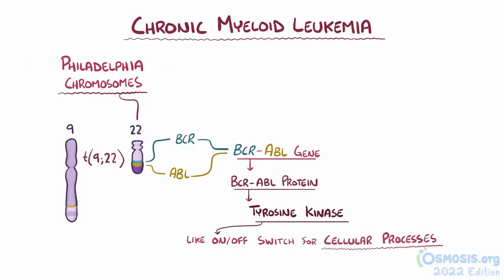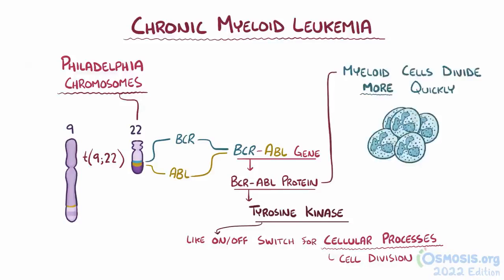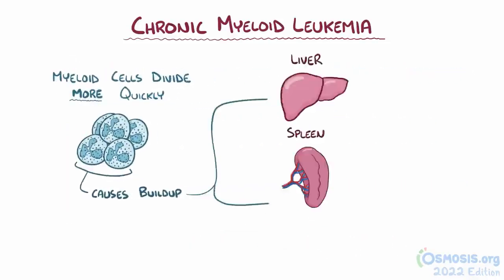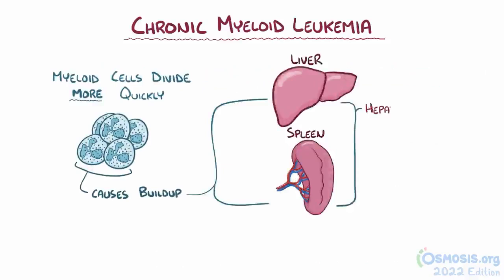Since BCR-ABL helps control various cellular functions like cell division, having it always on forces myeloid cells to keep dividing quicker than they should, which causes a buildup of premature leukocytes in the bone marrow that eventually spill into the blood. The premature leukocytes then move to the liver and spleen, causing swelling of those organs or hepatosplenomegaly.